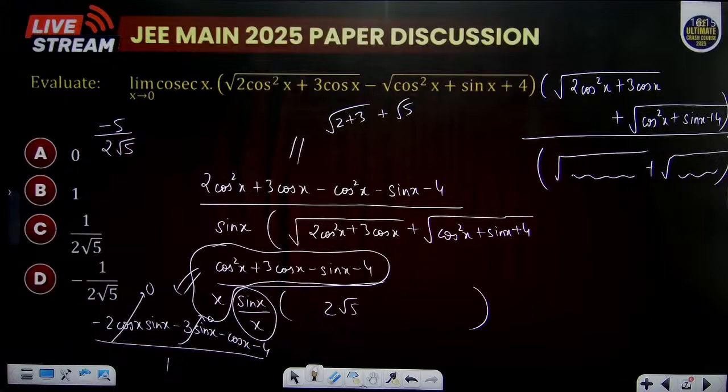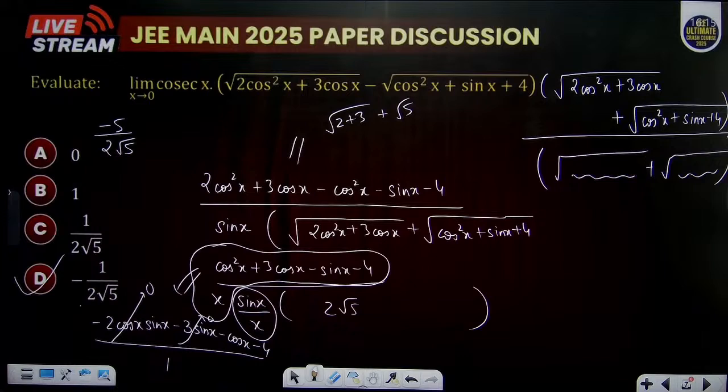We are getting something like this. Check out if some 5 is missing or some factor is missing. I think the answer should be this or this. So this D option. So D option is coming. Let's check out if some 5 is missing out here. Root 5 plus root 5 is 2 root 5. We differentiated this term.